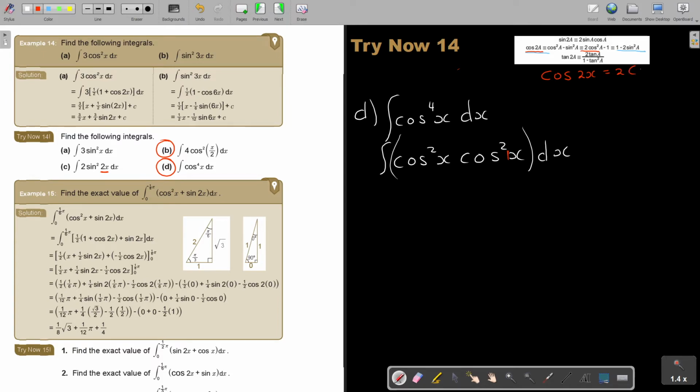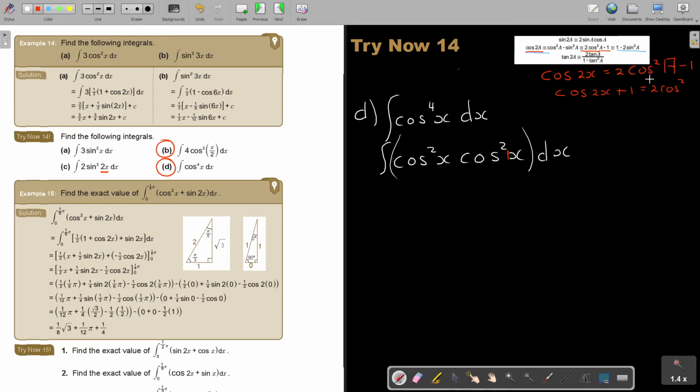So just remember that it's working on double angles. And then you're going to minus 1. Don't forget to minus 1. So you're going to have cos 2x plus 1 equals 2 cos squared.